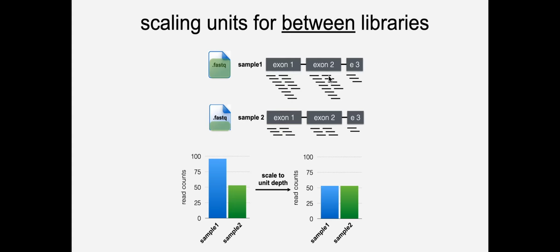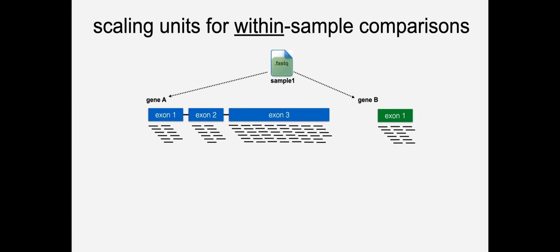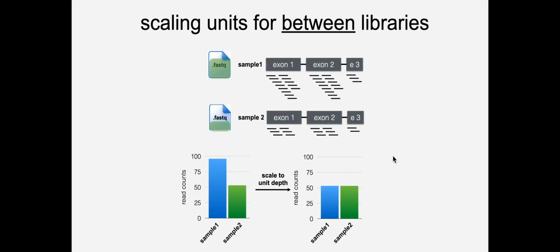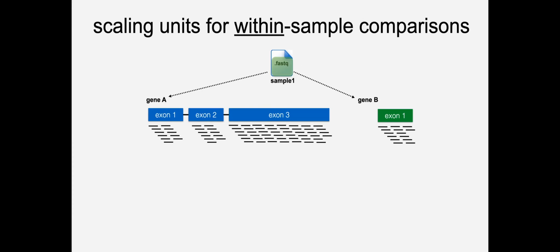If we divide the reads mapping to each transcript or gene by the sequencing depth, then we now account for that, and we have a much better estimate of the relative expression of this gene between these 2 samples. And by the way, I call that scaling units of gene expression between libraries, between library normalization, if you will.